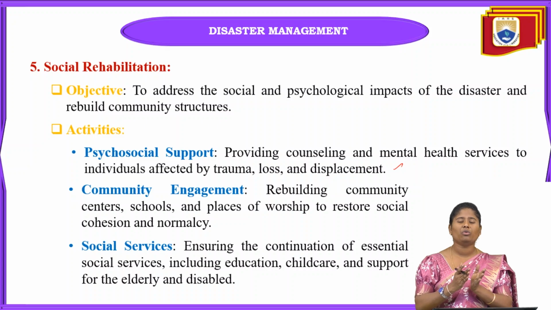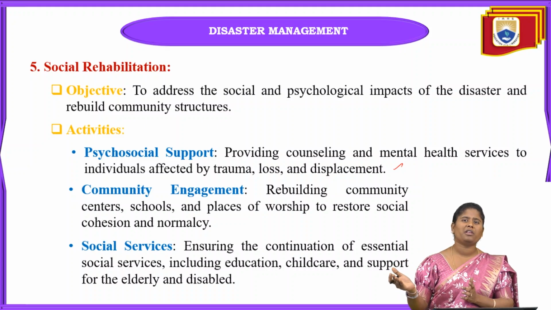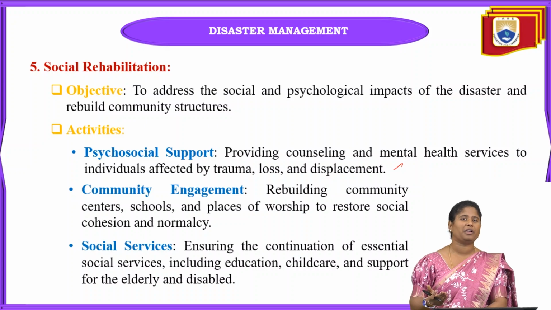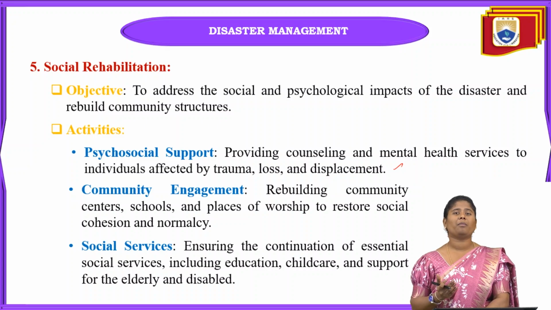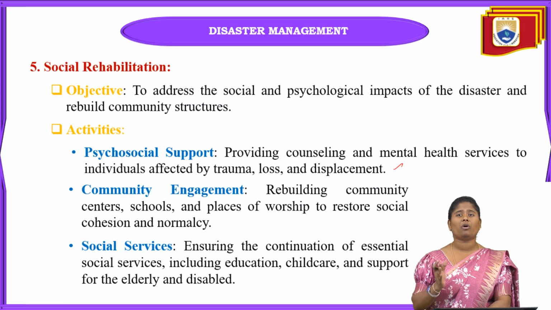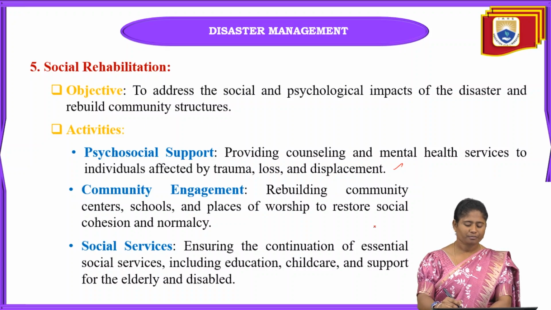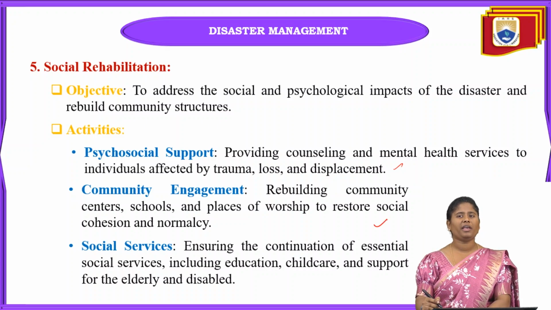When they evacuate the place and come to another place, that is also called displacement. Such people can get trauma, and some people lost their loved ones, which is also a great loss in their life. So to that type of people we are going to give mental health services and counseling. And next one is community engagement.